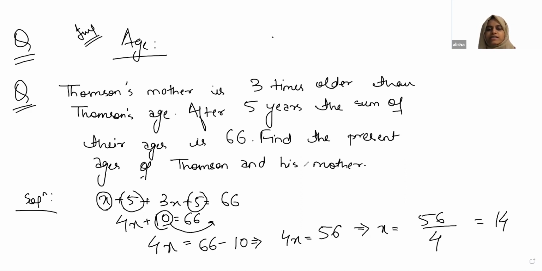So what was x? x was 14. What is 14, mother's age or Thompson's age? Thompson's age. So Thompson's age came out to be 14. What would be his mother's age?